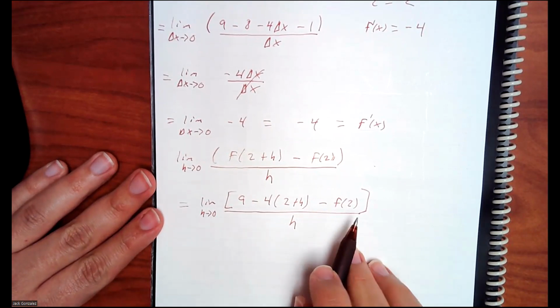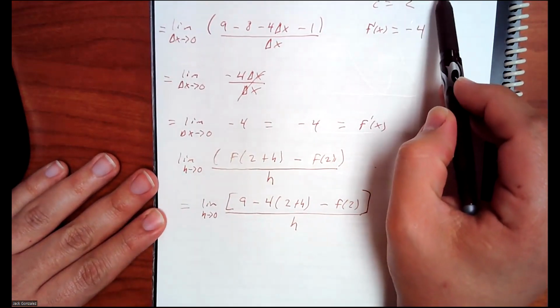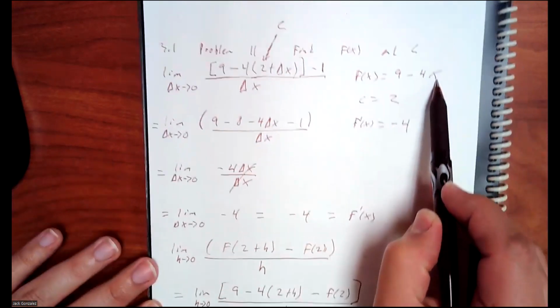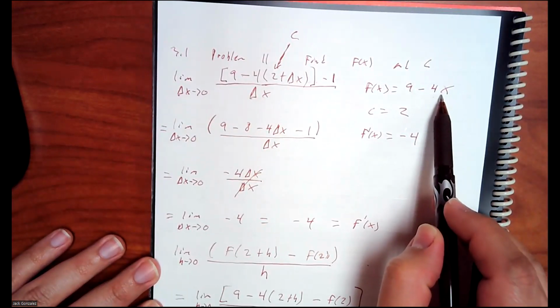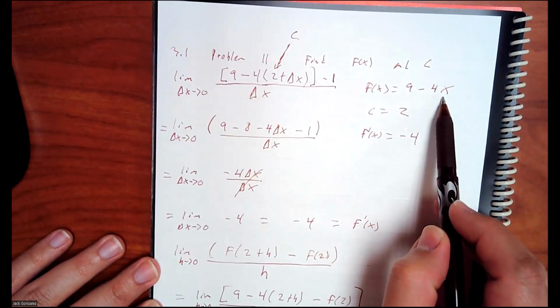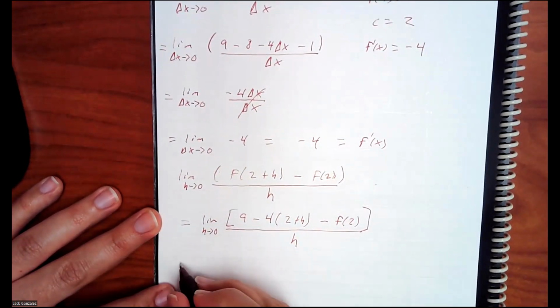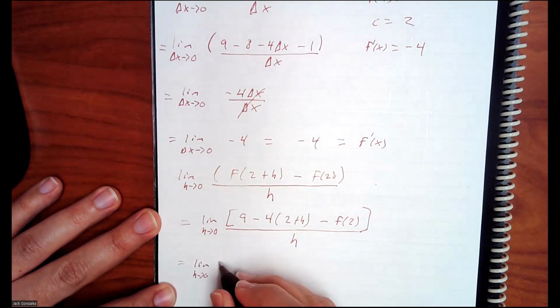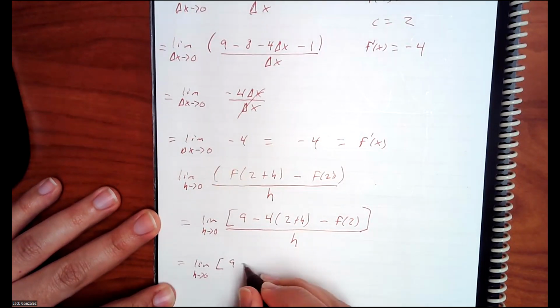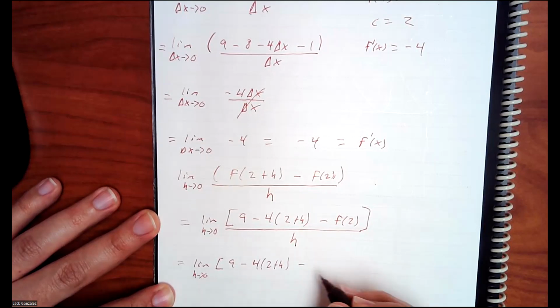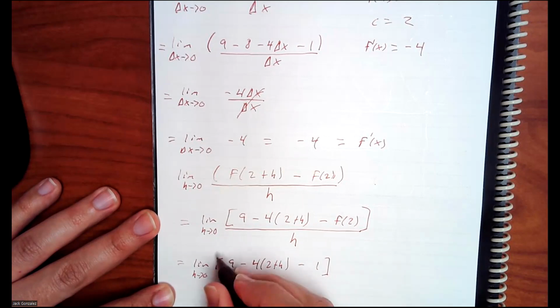F of 2, 9 minus 4 times 2, is a 1, right? If you plug in 2, you're going to get 1. That's where their 1 came from. So you get 9 minus 4 times 2 plus h, minus 1. So that's how they got here.